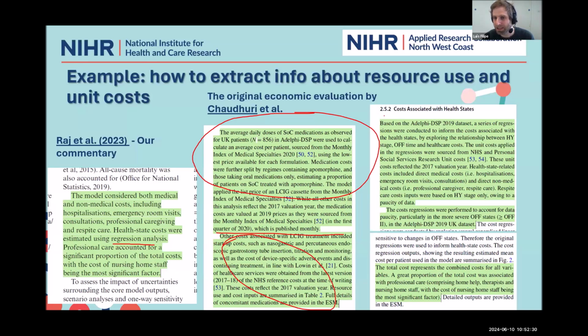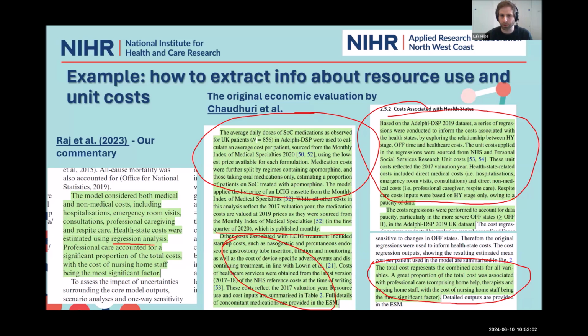But okay, here it's a part where they are going to try to estimate the costs of the different health states that the patients can have in this particular problem that we were checking. And then here it's where they describe more or less the types of costs that they have with therapists, with nursing home staff.